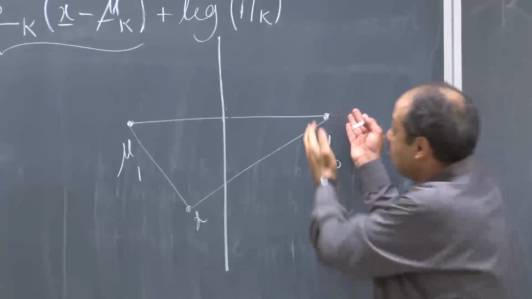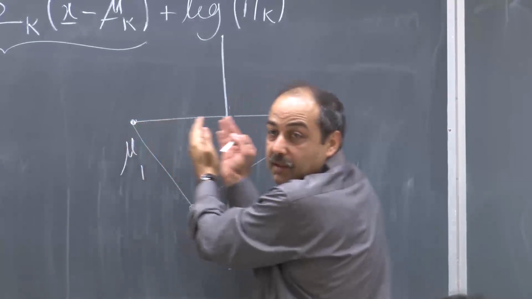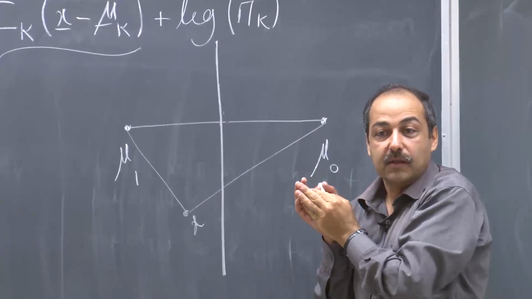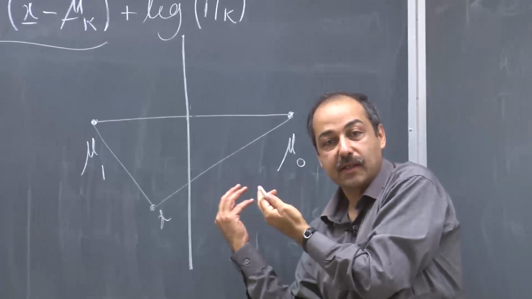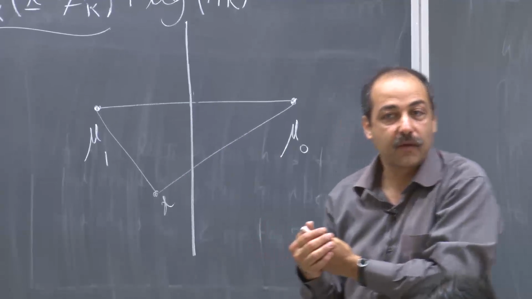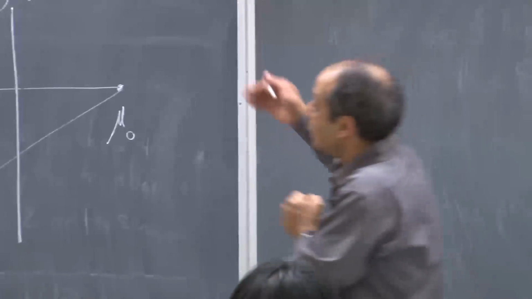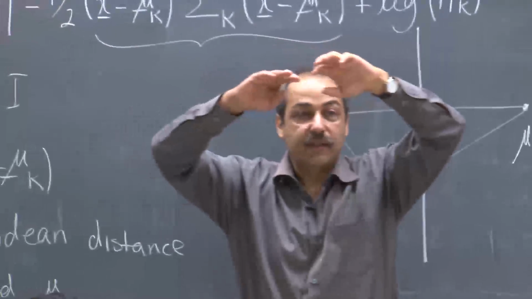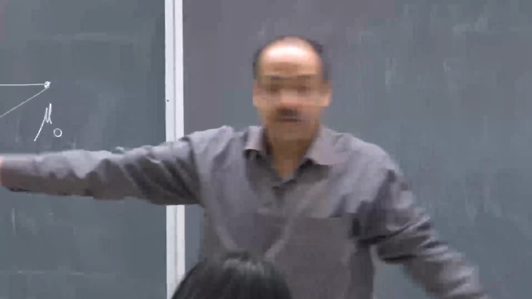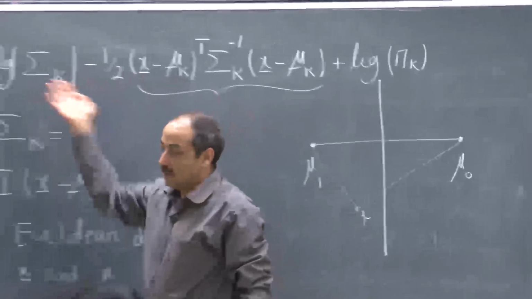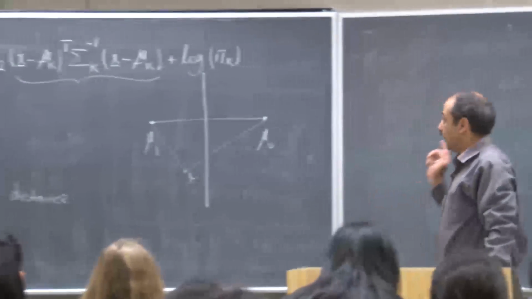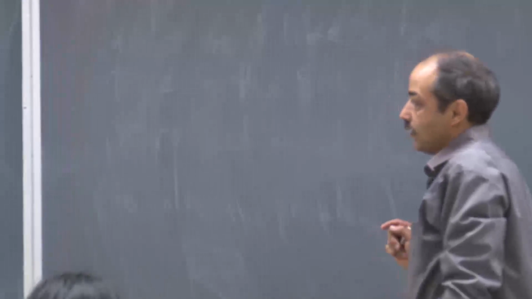But if I have 200 points here with 100 points here, this decision boundary is going to shift toward mu1. So I have a prior over this class; I sort of favor this class more than the other one. Okay? So in the case that my class conditionals are Gaussian and spherical, so it's identity, it's quite easy. It's just measuring the distance between the new point and the mean of each class.